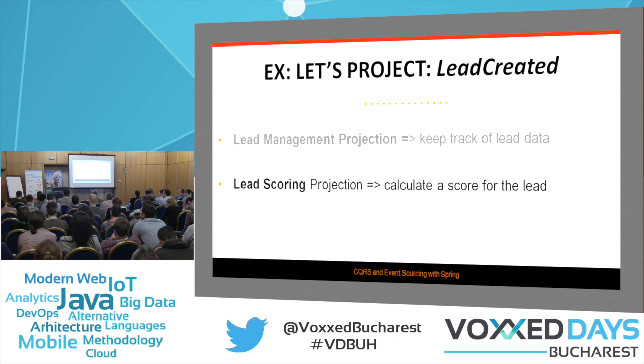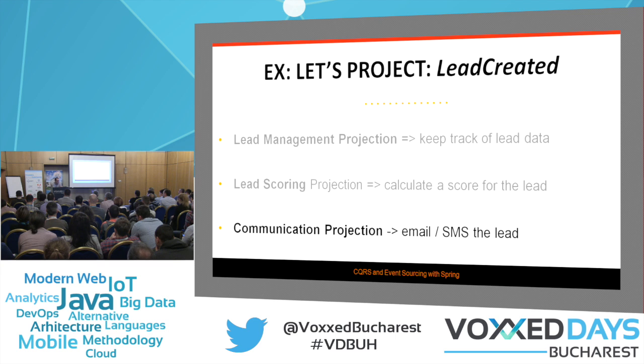Maybe they came through cold traffic. Maybe they just landed on the site and, I don't know, signed up. So that means it's going to get a very low score. So the lead scoring projection really ignores most of the data of the lead and just picks the parts that it really cares about. It does the computation asynchronously and ignores everything else.